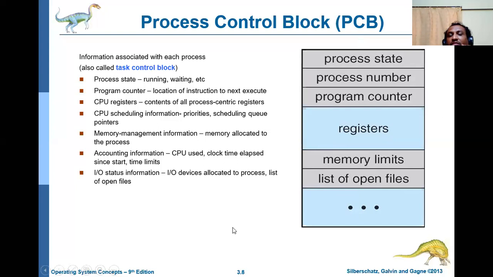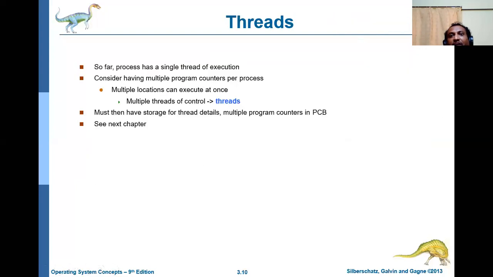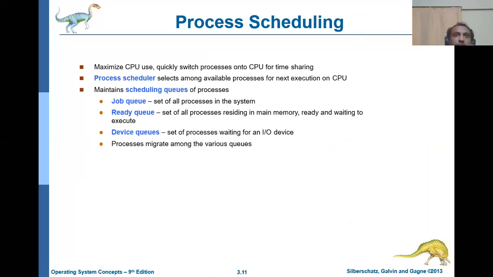Now, continuing from this, we have something called process scheduling. A simple thing we can say: suppose I'm working on a computer and I'm executing a C++ program. In order for the program to be executed, it will go to the memory.